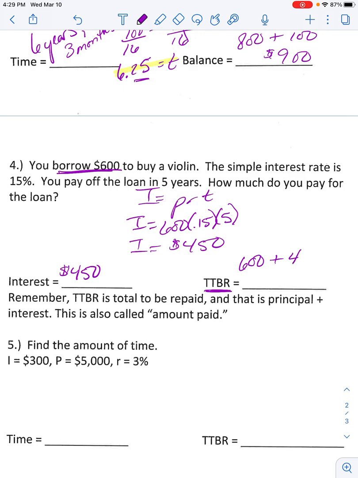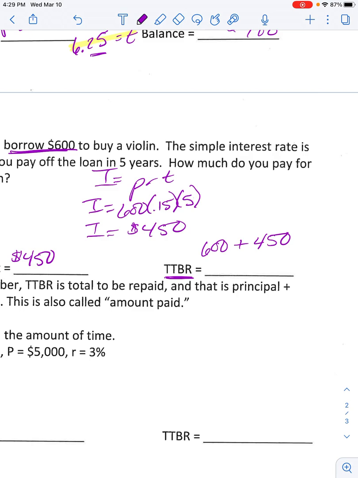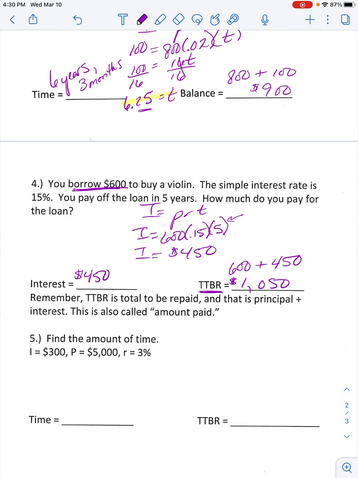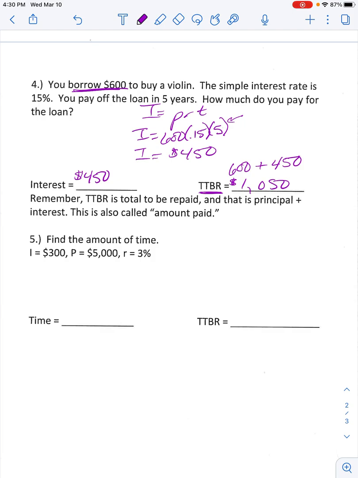I have to pay back an additional $450 for borrowing money, which is always why it's tricky to do that. Since it took me 5 years to pay it back, I now owe $1,050 for this violin.